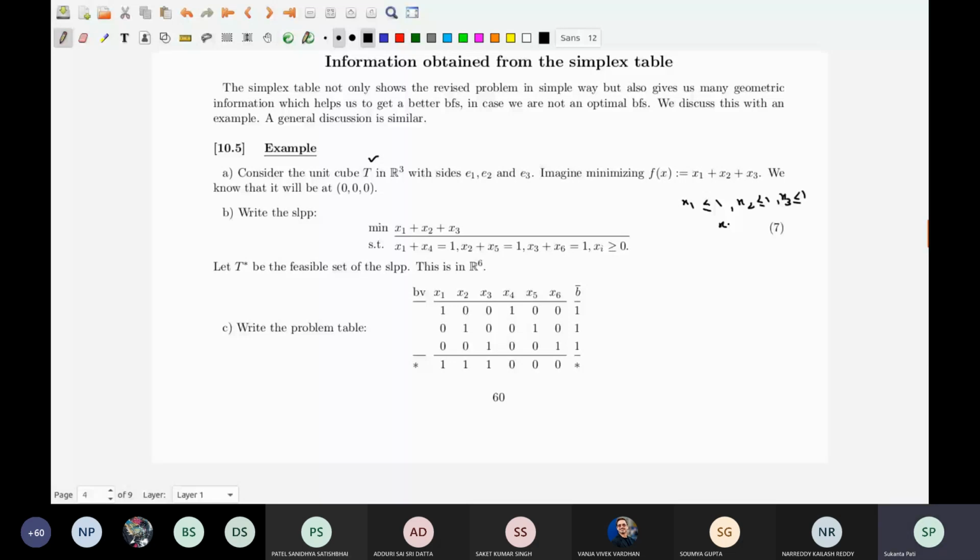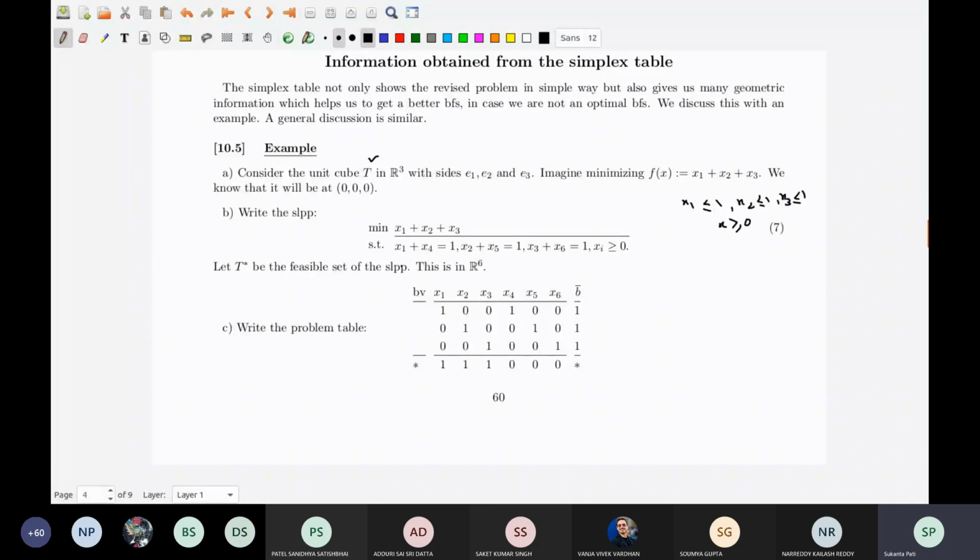And because you have 3 less than or equal to inequations, you will add 3 slack variables. So in total you will use 6 variables.